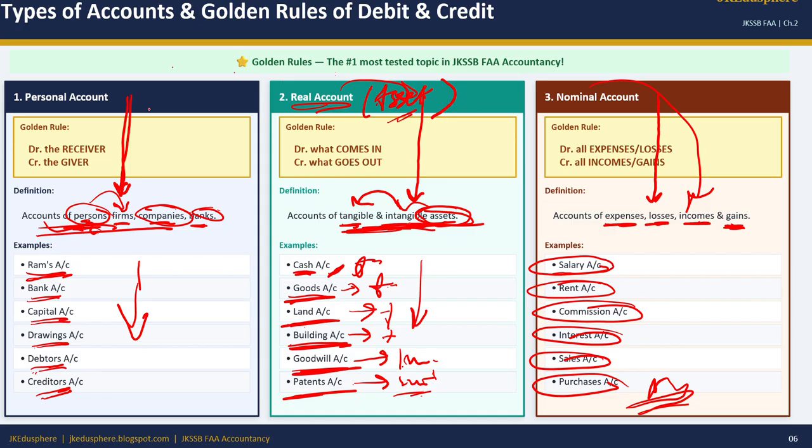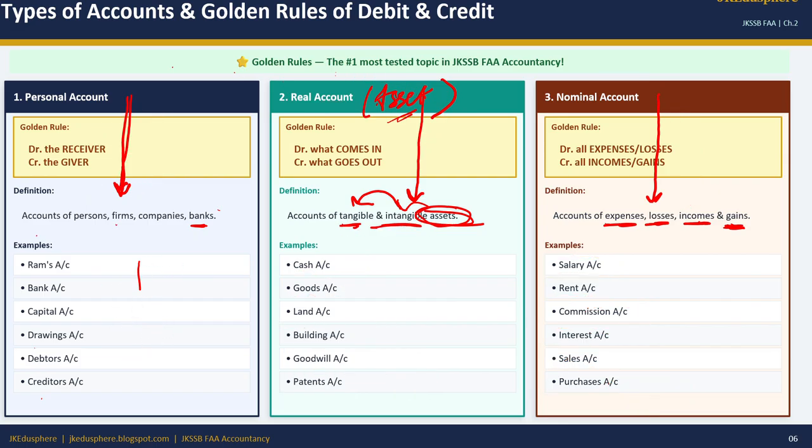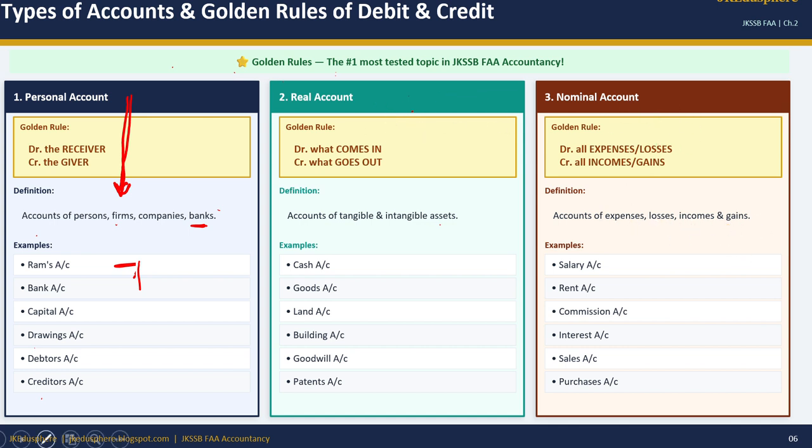So these are the golden rules, the most important rules. First of all, we need to remember what is recorded in the personal account, what we record in nominal account, and what we record in real account.